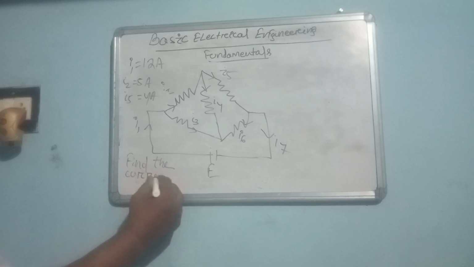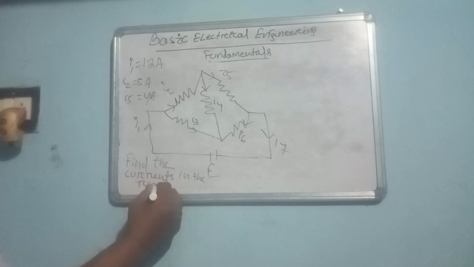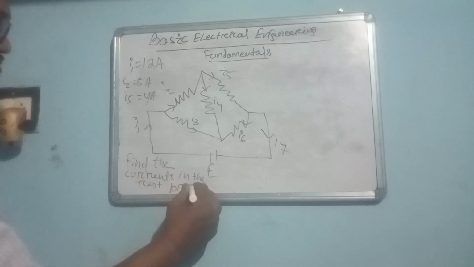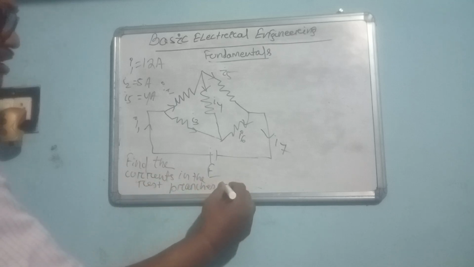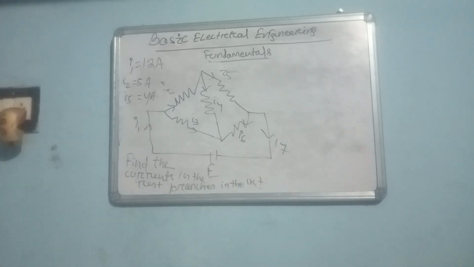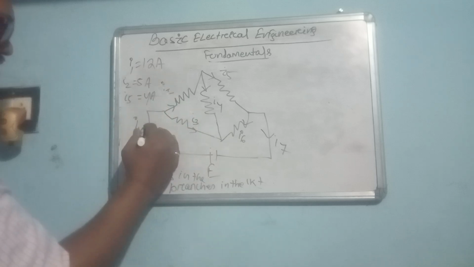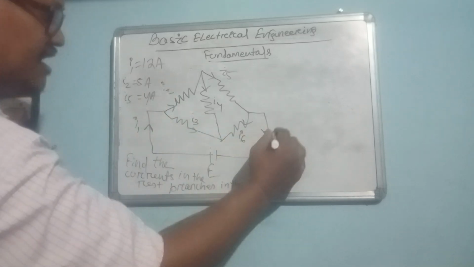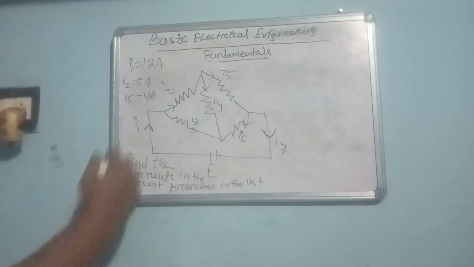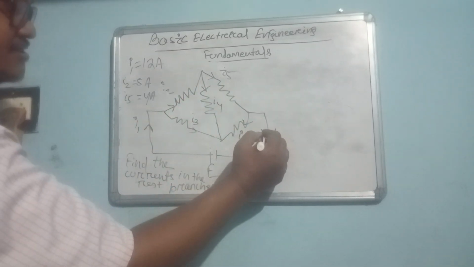and it is asking to find the currents in the rest of the branches in the circuit. If you look at this figure, you can see that the I1 current is the same as the I7 current, since it is the total current.